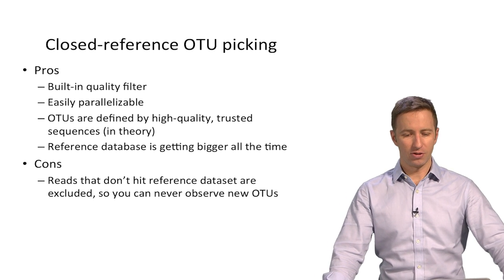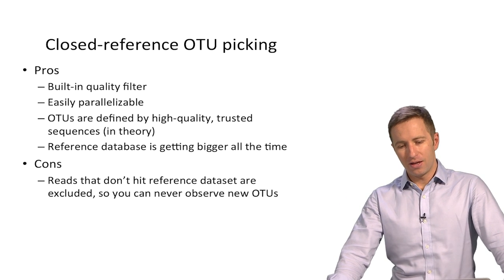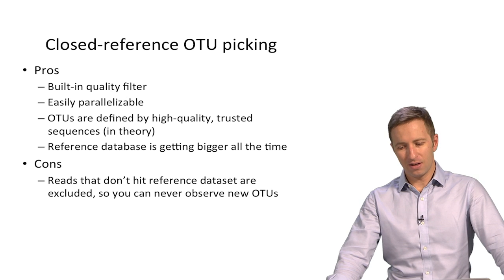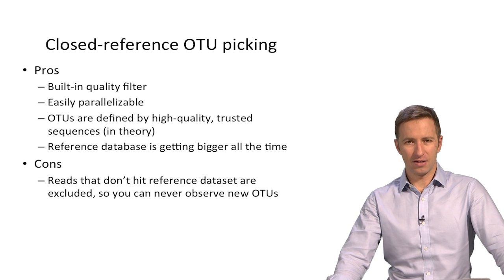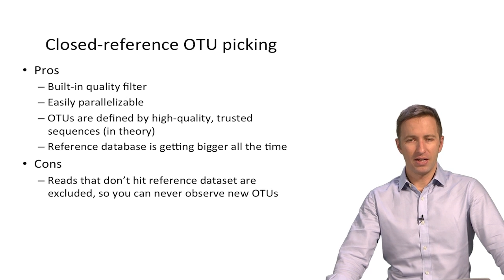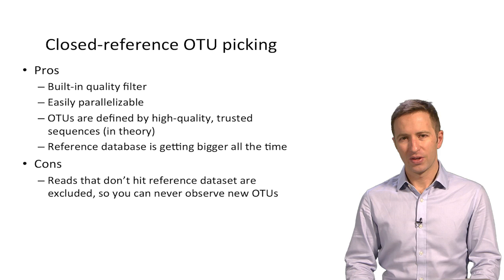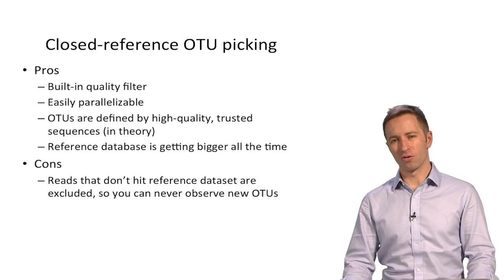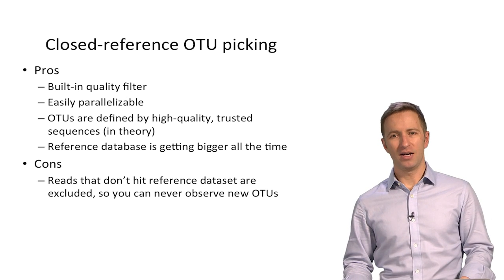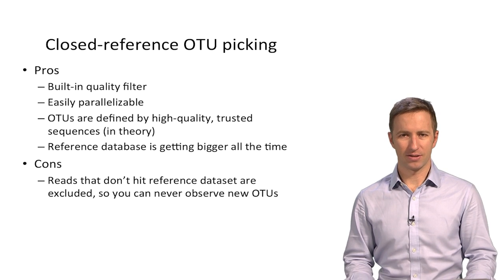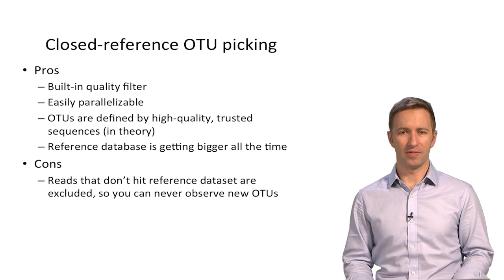Now, closed-reference OTU picking, for many of you, is going to be the easiest and most sensible thing to do, especially if you're studying the human gut or maybe human oral communities, any community where we've already characterized the bugs in that community very well.